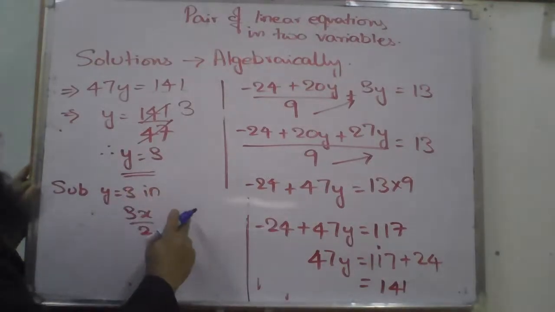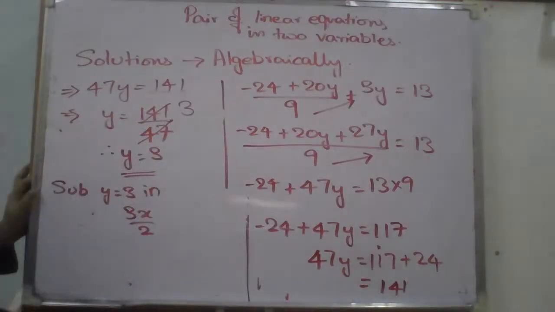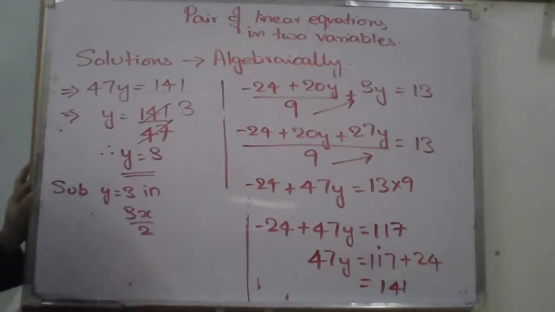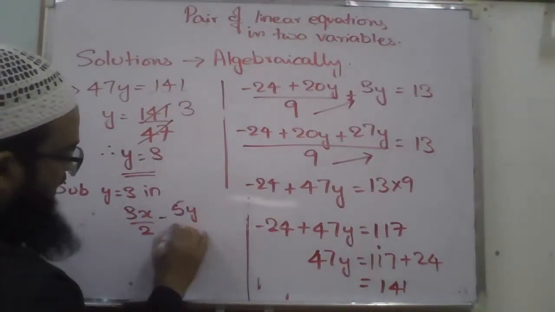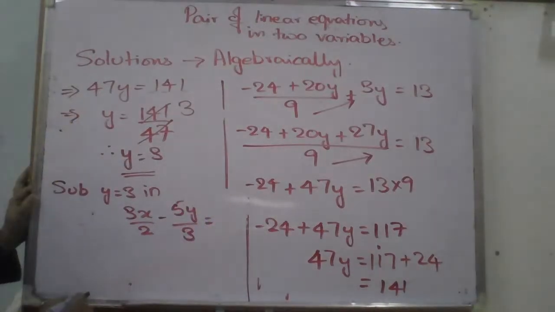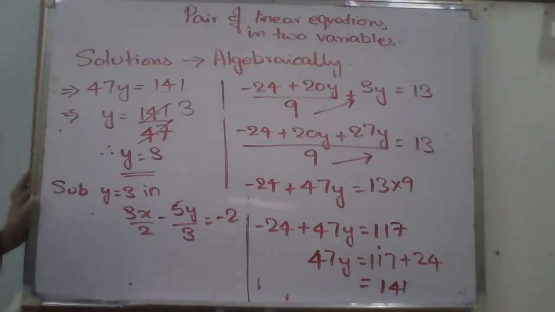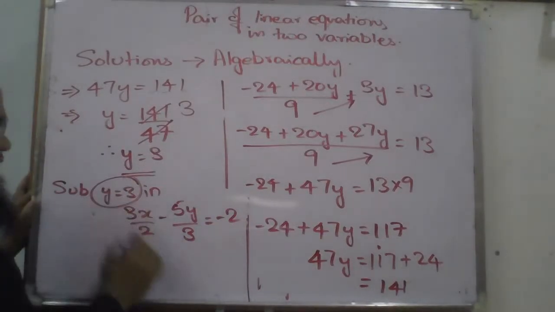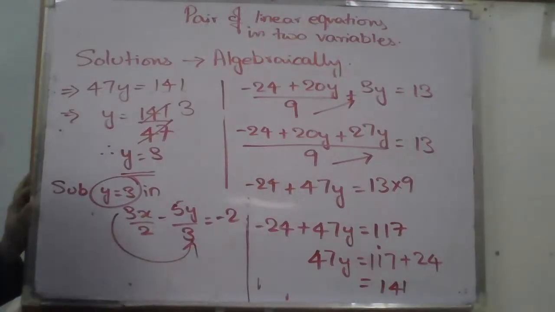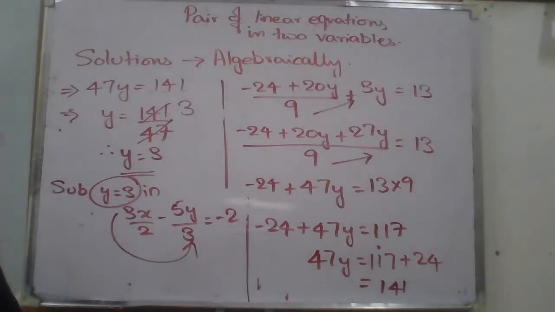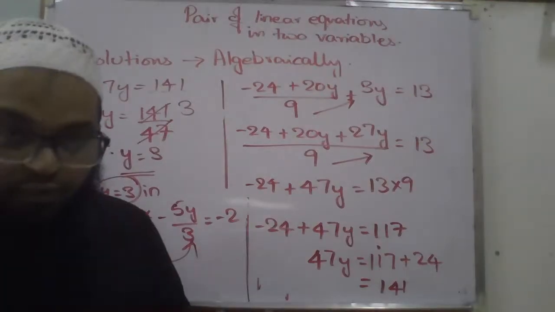If you substitute y is equal to 3, you will get an easier answer. So 3x by 2 minus 5y by 3 is equal to minus 2. Okay, you substitute y is equal to 3 in this, so you will get the answer. Got it, my dear students? So this is how the substitution method will work out.